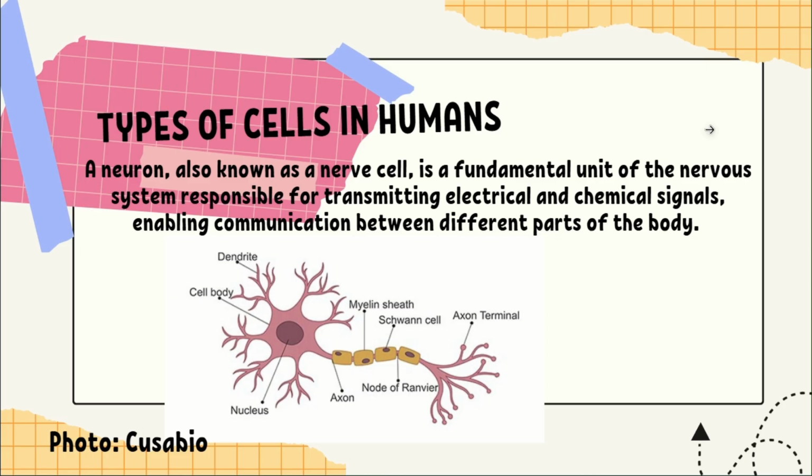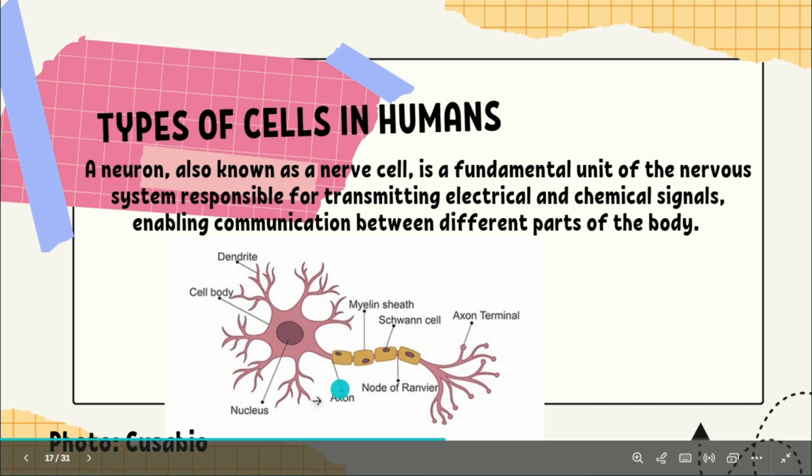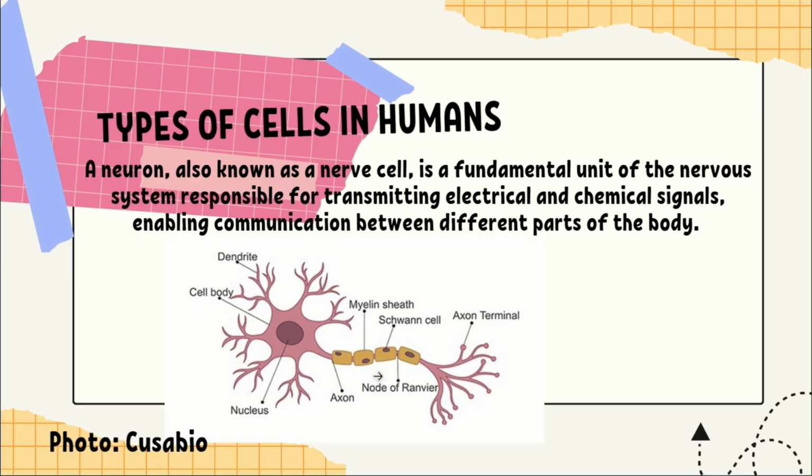That's obviously where all the cell organelles are going to be, like mitochondria and all those things. Then we have our nucleus, and the nucleus is still the nucleus in every cell. It does the same thing and controls the cell. In the case of our neuron, the nucleus determines whether or not this neuron is going to fire.